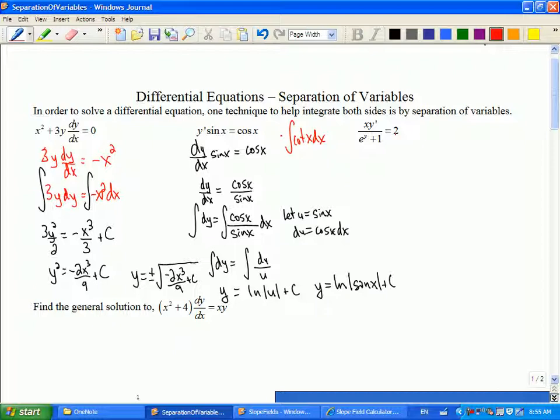Okay, so for the next one, this time when I separate, I'm going to have x dy dx over e to the y plus 1. So I'm going to move the x's to the other side, and I'll end up with dy over e to the y plus 1 is 2 over x dx.